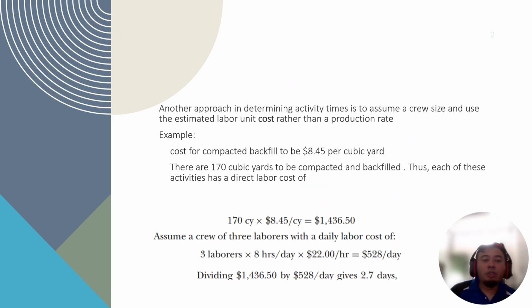Another approach in determining activity duration is to assume a crew size and use estimated labor unit cost. This time you're using cost instead of productivity. For example, you have a cost that you estimate. Let's say the cost for compacted backfill is 8 ringgit 45 cents per cubic yard.